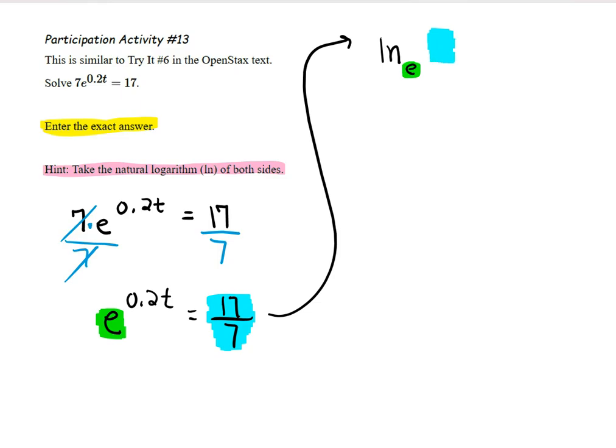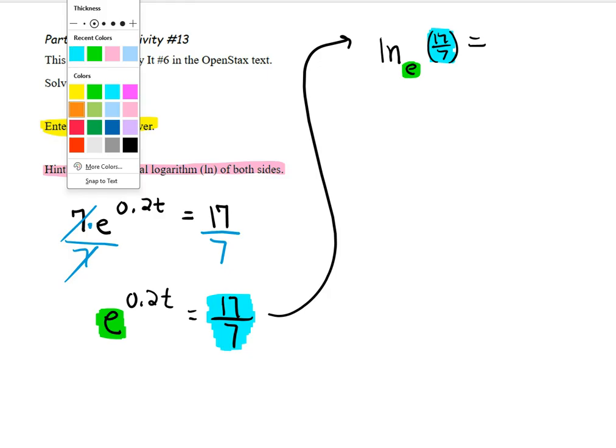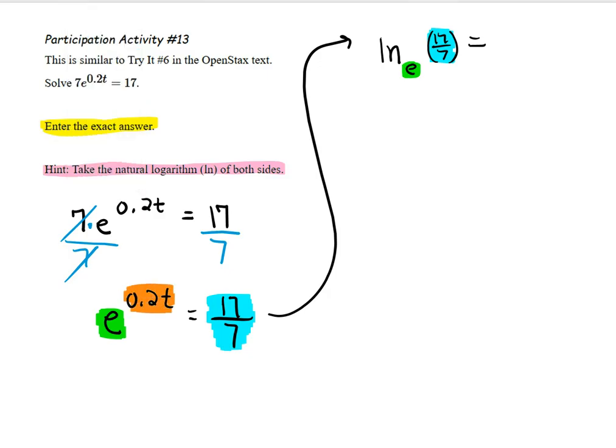So my 17/7 has to go here, and I'm going to put it in parentheses, equals whatever the exponent is. Remember, logarithms always equal the exponent. So at this point, what I have is the natural log, that e is really invisible, of 17/7 equals 0.2t.